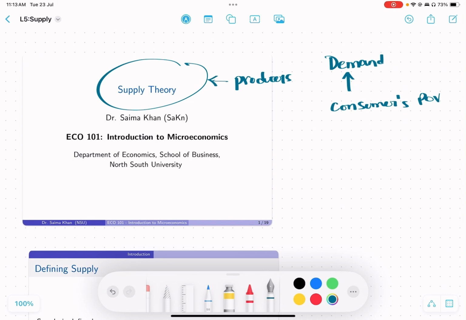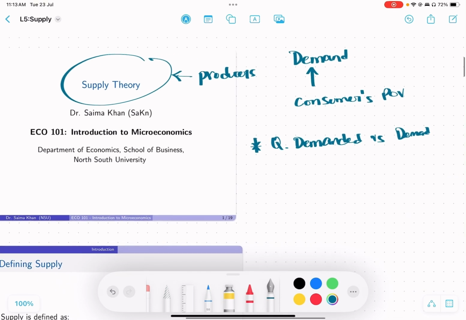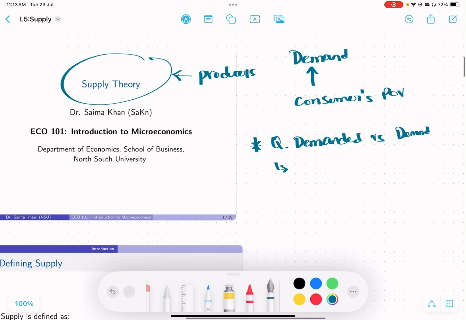Now, the one thing that you need to remember is that if you understood concepts in demand theory, then things are going to be very similar when we are exploring the supply side of things. For instance, before you learned about the difference between quantity demanded versus demand, now you're going to be looking at the difference between quantity supplied versus supply.